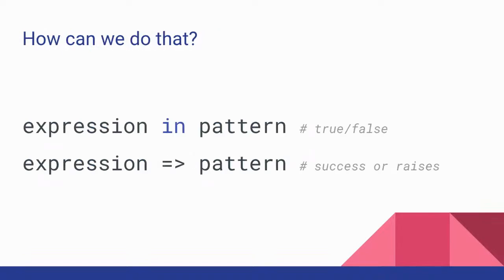So how can we do that? We're going to find two different ways of using pattern matching in Ruby. We can use the keyword in, where we write an expression and try to match a given pattern in this expression to receive a true or false value.